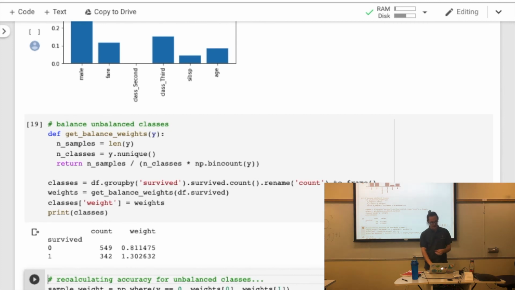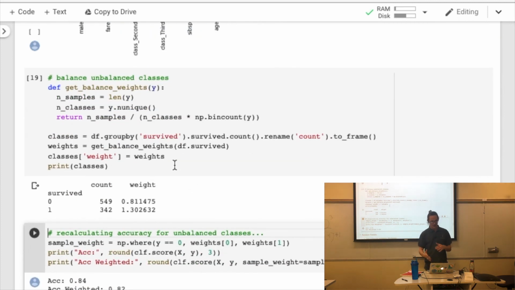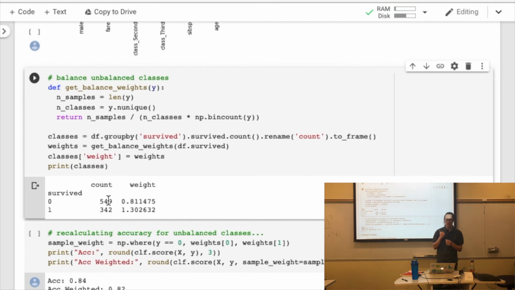And how you account for that is by doing weighted decision trees. So we have a slightly unbalanced data set here where we had more people who didn't survive than survived. And so what we can do is use a little code here to weight that.